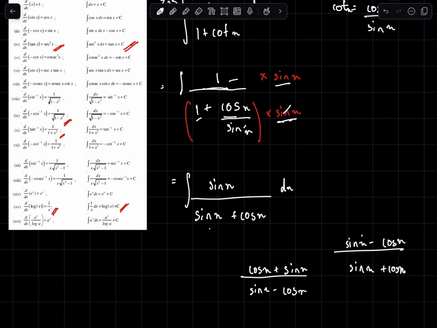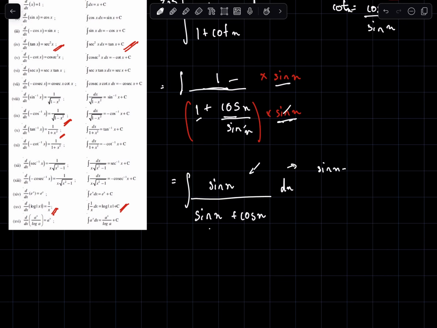Just remember, you need the sum on one part and the difference on the other part, whether that be the numerator or denominator. As simple as that. So if you have sine plus cos x here, you need this to be sine x minus cos x.